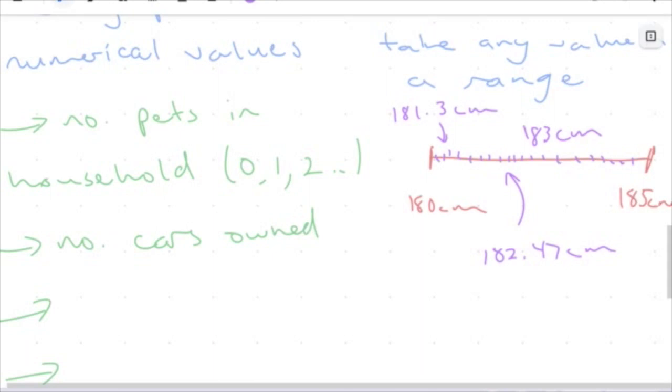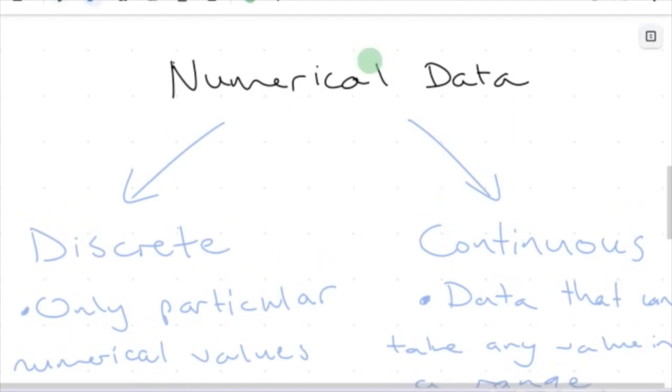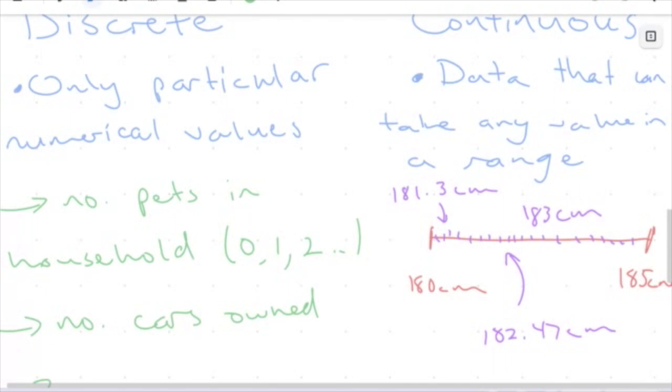So the scale at which we measure this data, we are including a continuous spectrum of values. We are talking about any value, numerical value, because remember, this is still numerical data. We're talking about any numerical value along some kind of range.